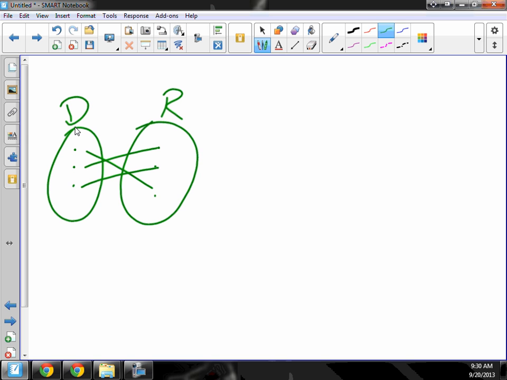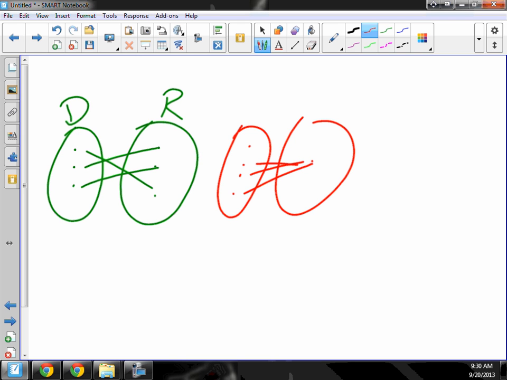So if I write a new function, is that a function? Yes, it is. Because every x hits only one y. Is it okay that there are several y's that have the same x's? Yeah, that's okay.